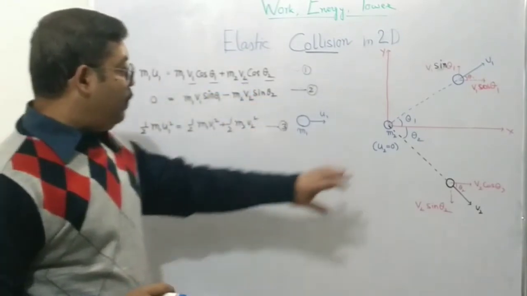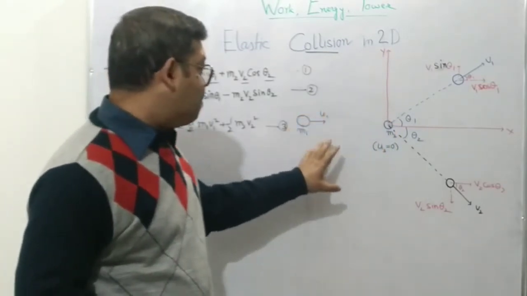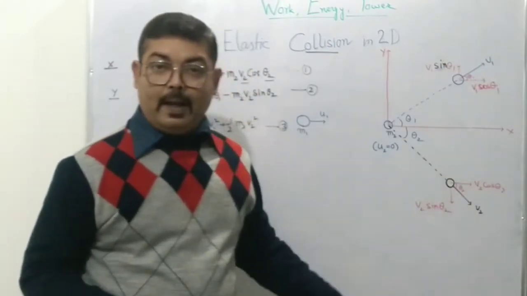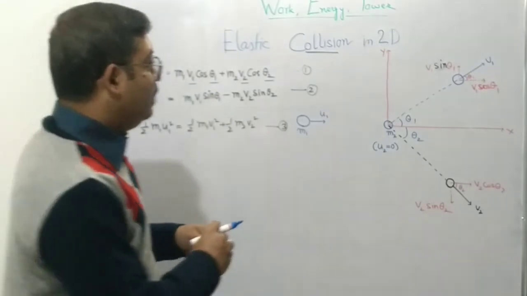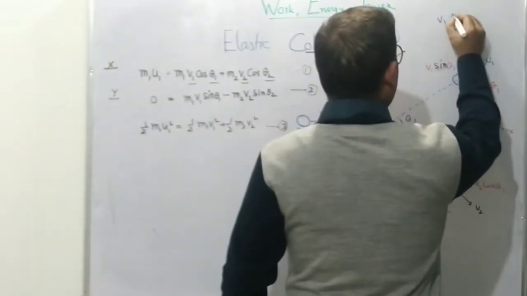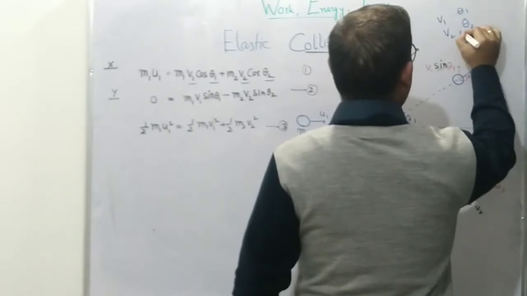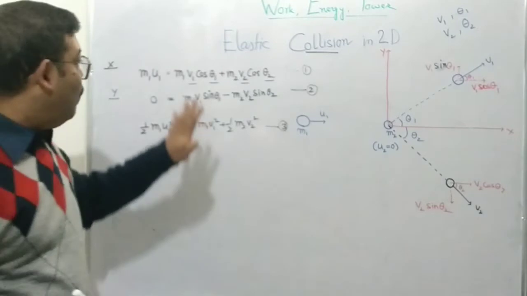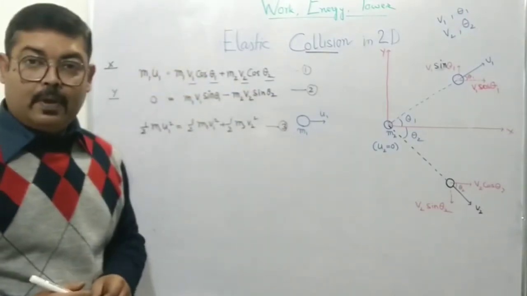That is, if we know the condition before the collision, to find the condition after the collision, we need these four variables: v1, v2, theta 1, theta 2. So we have four unknown variables, whereas we have three equations.